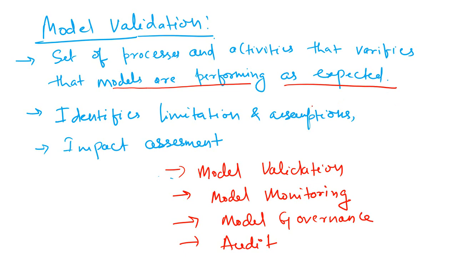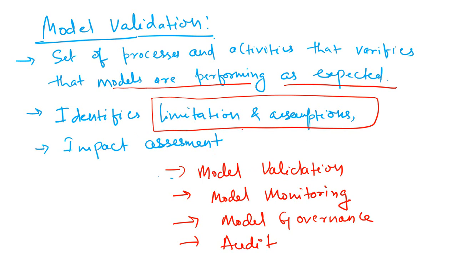There are issues with the model, but the model validators were not able to find the issues while validating or testing the models, and that can bring model risk. So the idea is to have a process in place which ensures that all the limitations and assumptions in the models are well validated and pass through a very stringent validation process before they go into use, and that will be discussed in detail.